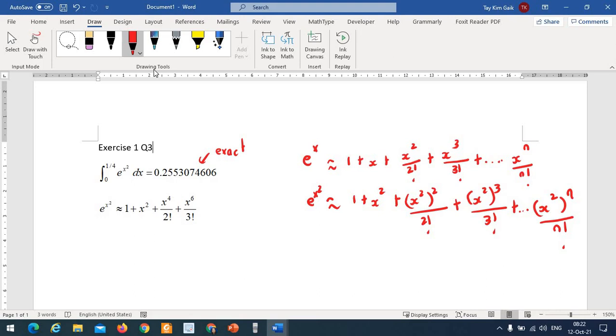Okay, and then if we just take up to the 1, 2, 3, 4 term, this one is a truncation error. So the truncation error here is up to the order 8, because power 8. So if you use 4 terms, you just replace the exponent x squared by these 4 terms.